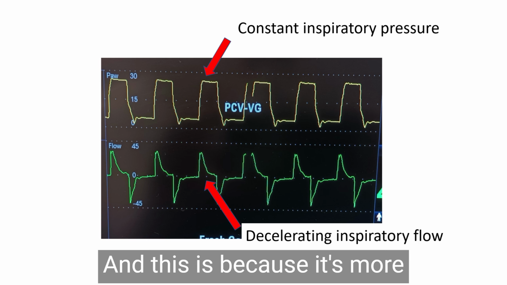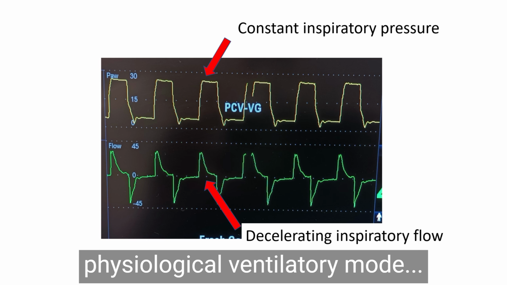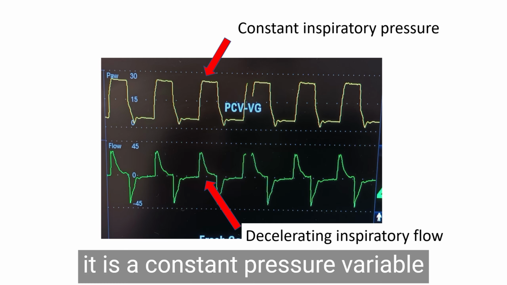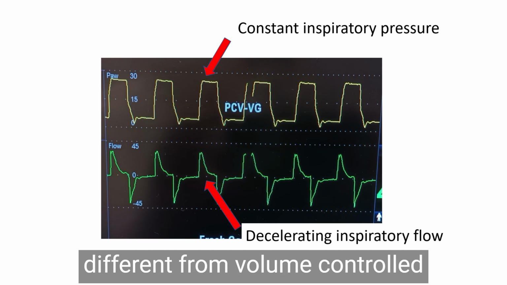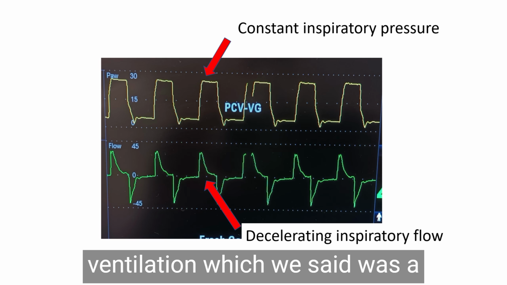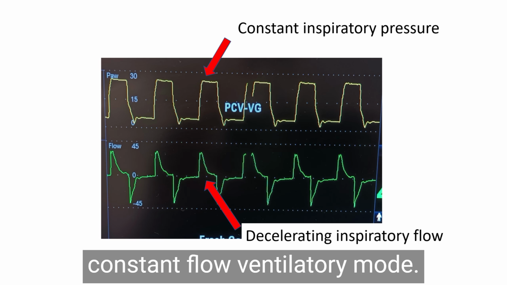And this is because it's a more physiological ventilatory mode. It is a constant pressure, variable flow ventilatory mode. And this is different from volume-controlled ventilation, which we said was a constant flow ventilatory mode.